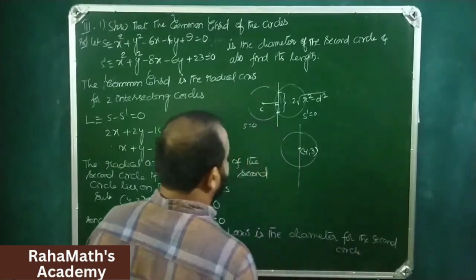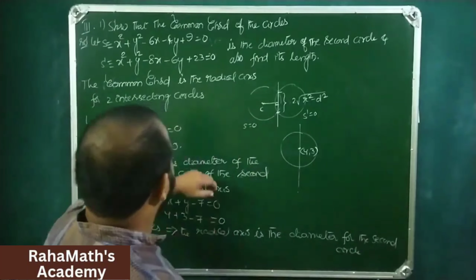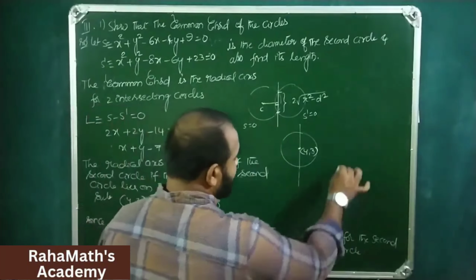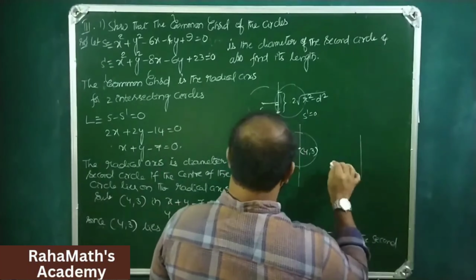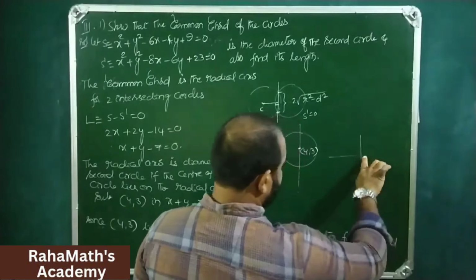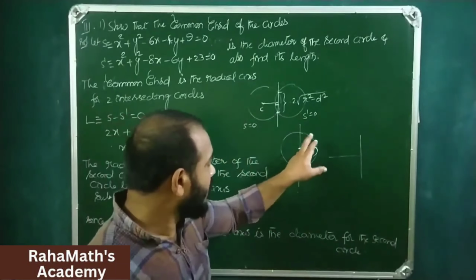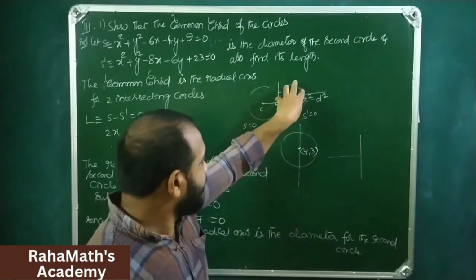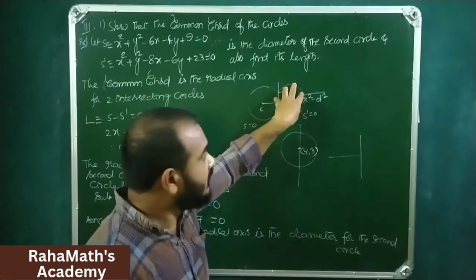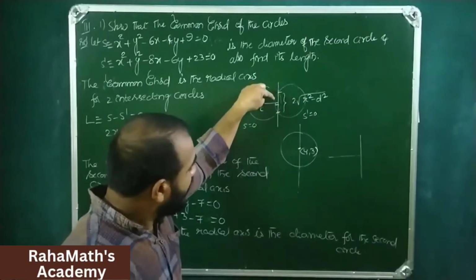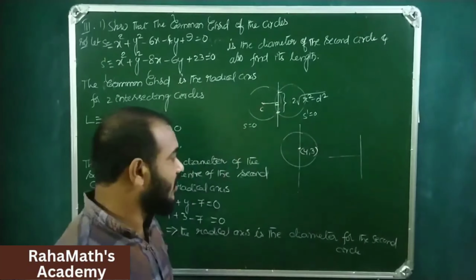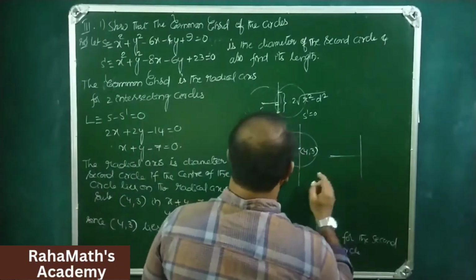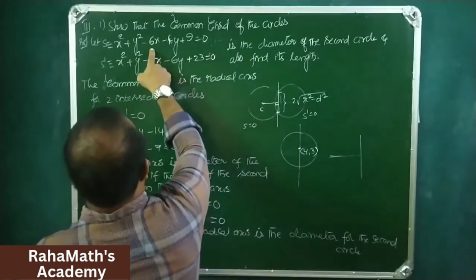And so the length of the common chord: this is the chord and this is the center. You may ask, sir, why can't we take the second circle into consideration? Because for the second circle, this chord is clearly the diameter. Therefore, I am using the first circle. What is the center of the first circle? 3, 2.